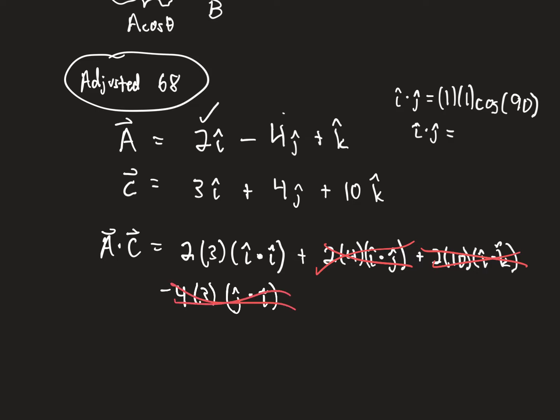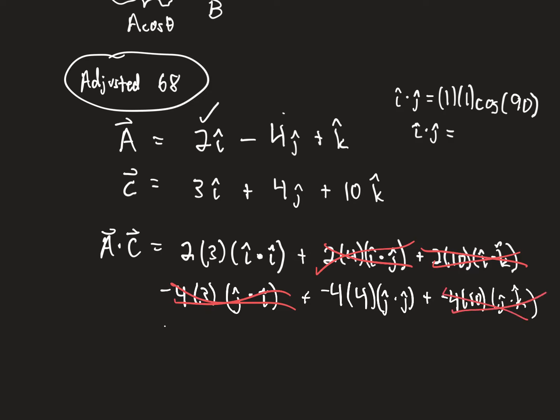Then I can do plus a negative 4 times 4, j dot j. Okay, and then plus a negative 4 times 10, j dot k, and that gives also 0 because they are orthogonal to each other. They are perpendicular.